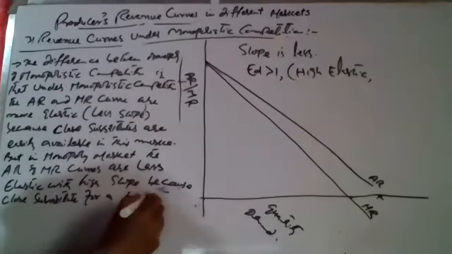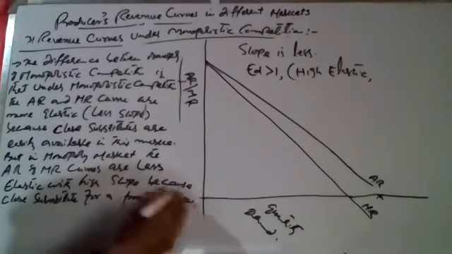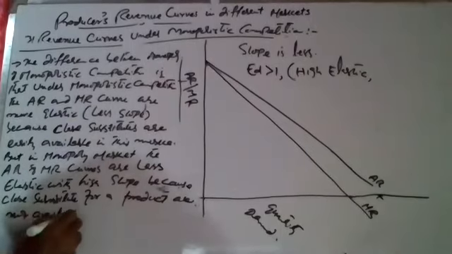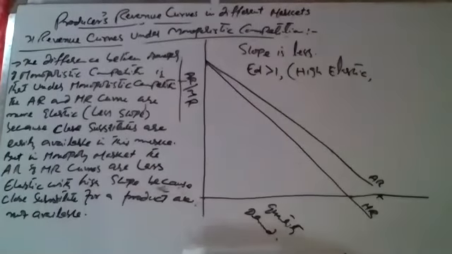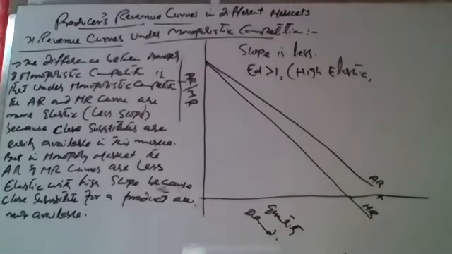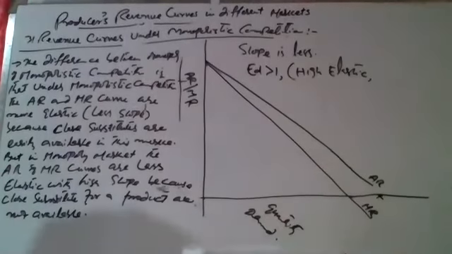Here they are not available, there they are available. So this is the difference in the shape of curves between the monopoly market and the monopolistic competitive market.